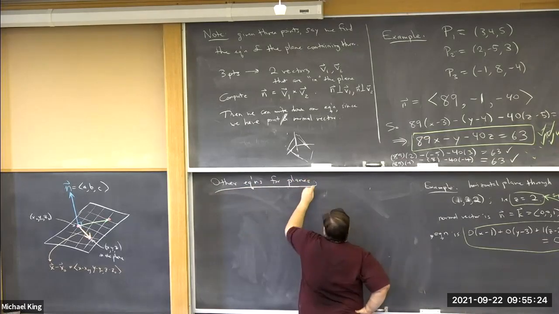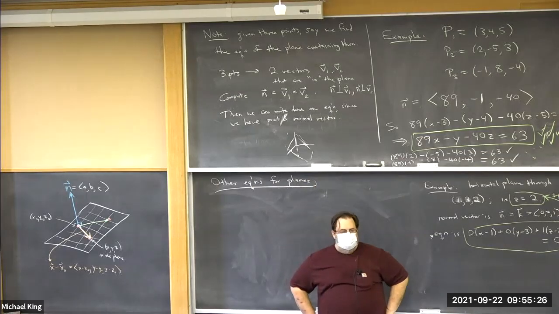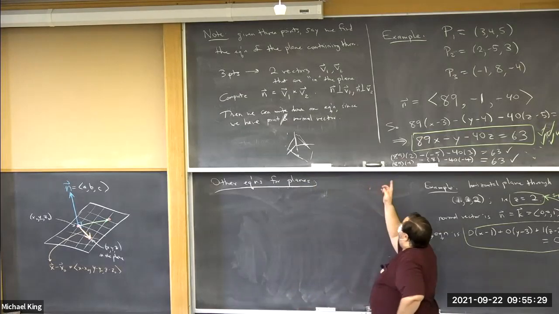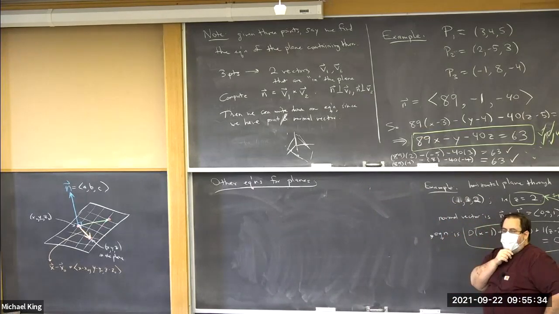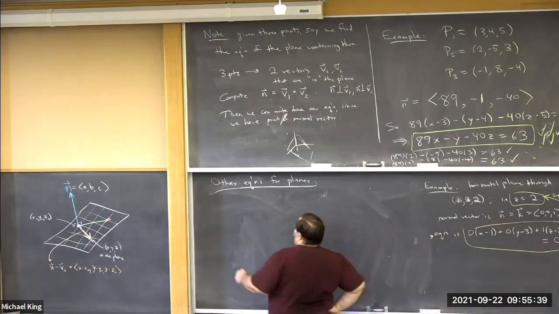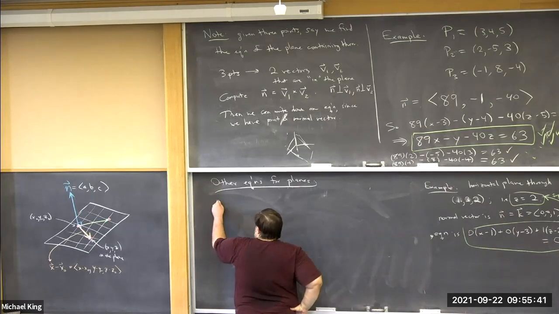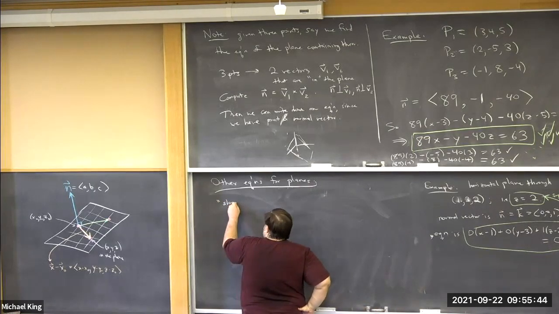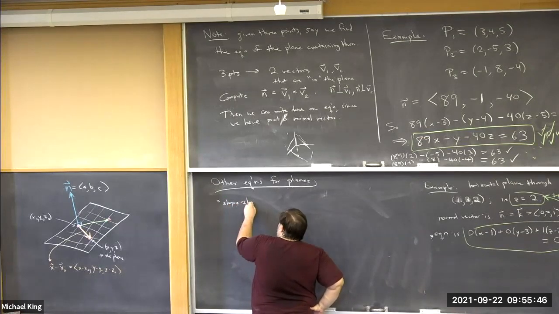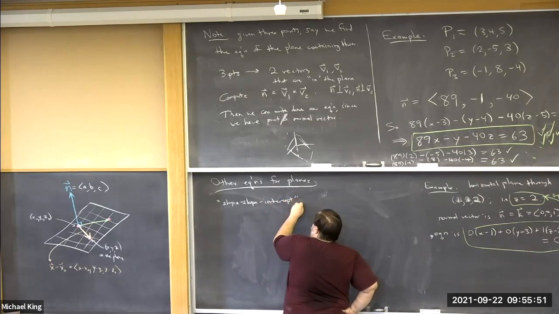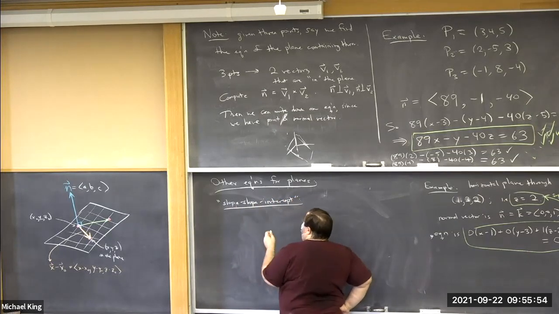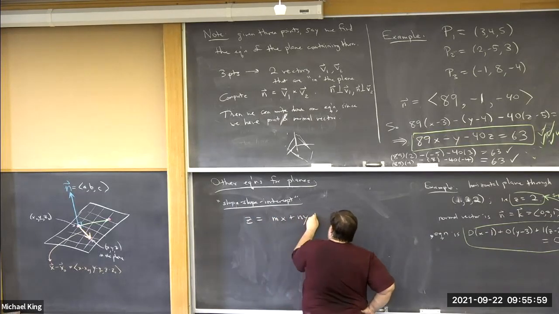Well, there are analogs of slope-intercept and point-slope, right? Because we just did the analog of a times x minus x naught plus b times y minus y naught equals 0, and it's actually the same exact concept with normal vector and point. So you could have something like slope-intercept. I'm just making this up, nobody calls it this, but you could have something like z equals mx plus ny plus b.